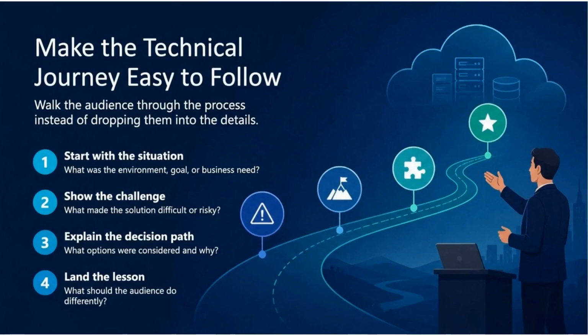Then introduce the challenge. After that, explain the decision path, the trade-offs, and the final lesson. This is useful for DBAs, developers, engineers, architects, and cloud professionals, because technical work often has many dependencies. Storytelling helps explain not just what we did, but why each decision made sense.